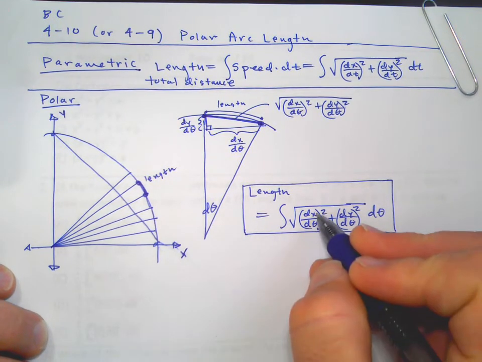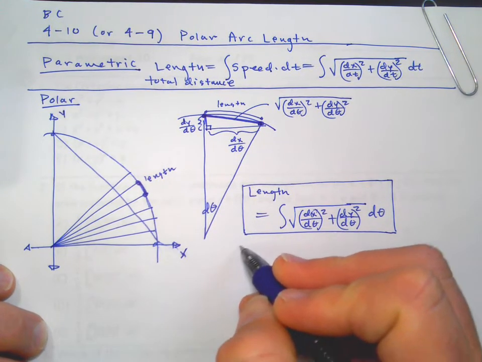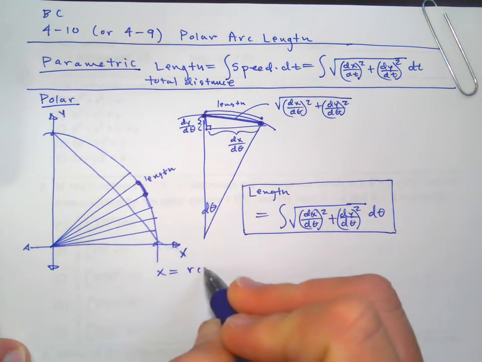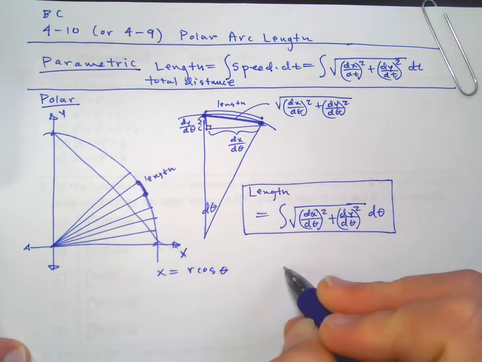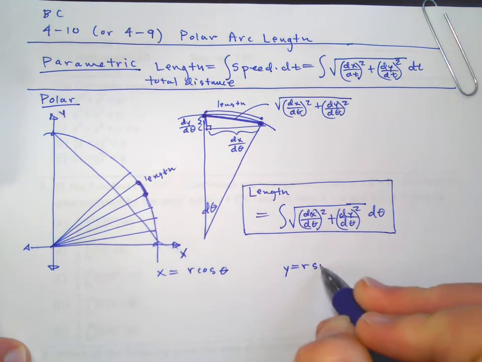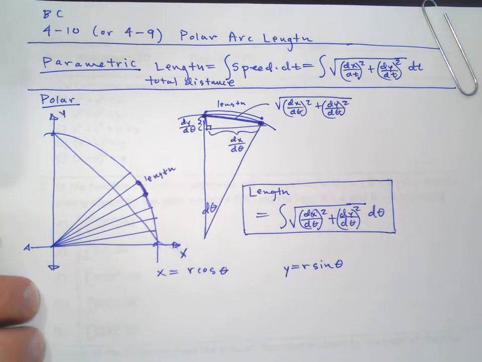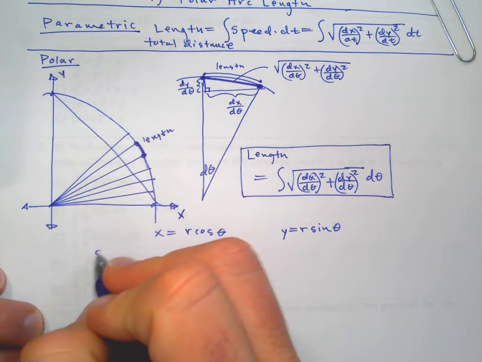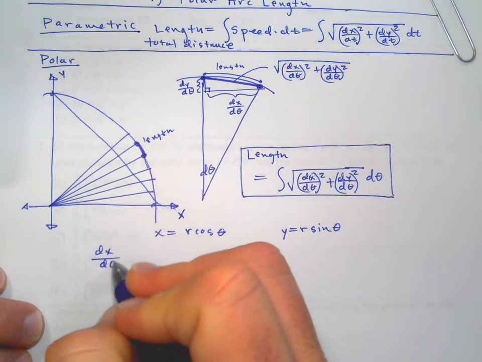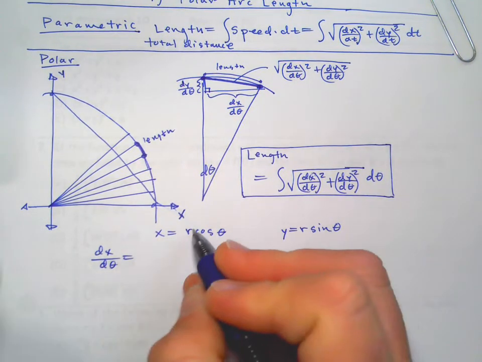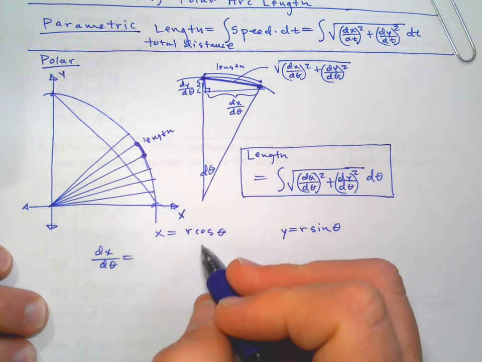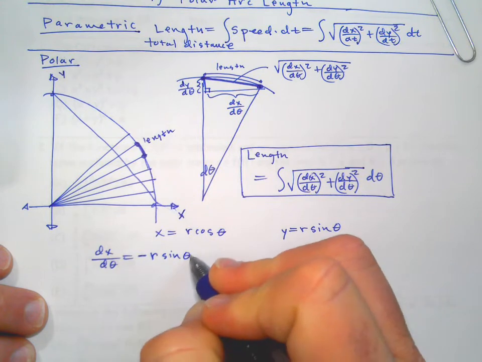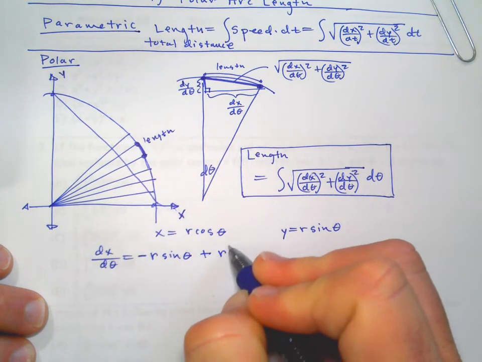So the x that we're using here would need to be in terms of theta, right? So x equals r cosine theta, and y equals r sine theta. And we are going to keep this generic. And I'm going to do something I've shown you a couple times but kind of discourage you from looking at. Let's find dx/d theta with r's in it. It would be negative r sine theta, because the derivative of cosine is negative sine, plus r prime cosine theta.